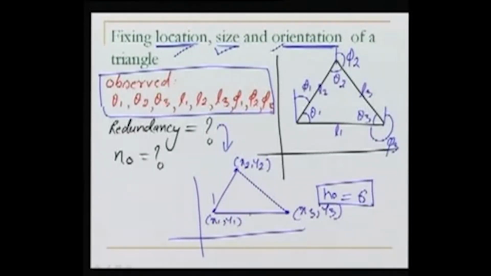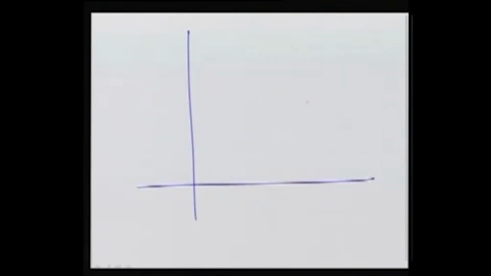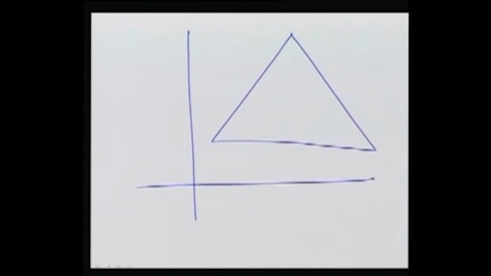You can state this same problem in a different way also. The same triangle: I observe one value of phi, so orientation is fixed. I observe two angles, theta 1 and theta 2.